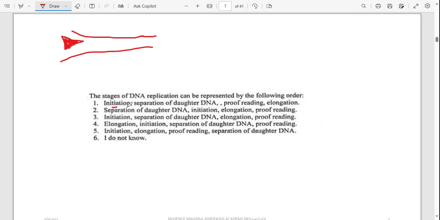So option 1: initiation, separation of DNA strand, proofreading, elongation. Proofreading is modification. That comes at the end.